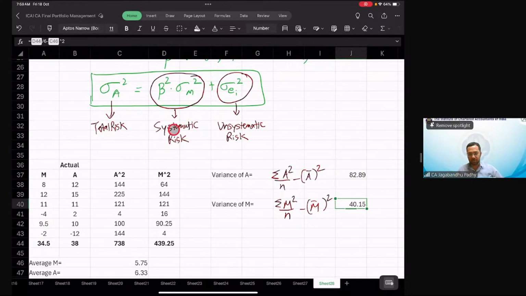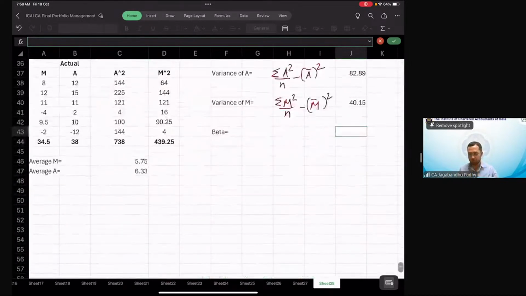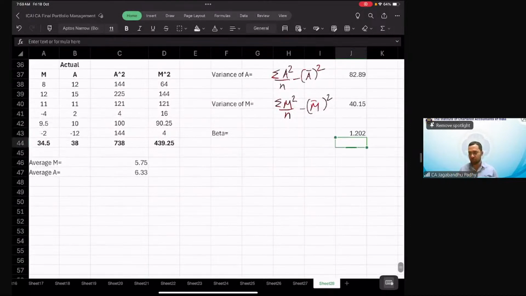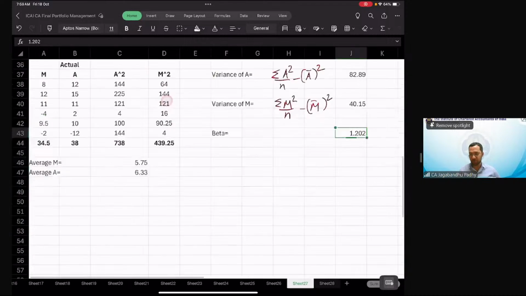Now to compute the systematic risk, what do we need? We need beta square into variance of market. Do we know the value of beta? We have computed the value of beta in the previous case, which I think was 1.202. Because based on that, we created the regression equation.